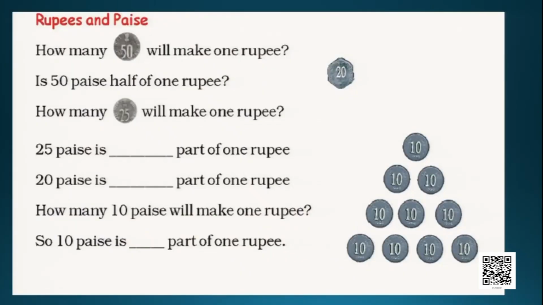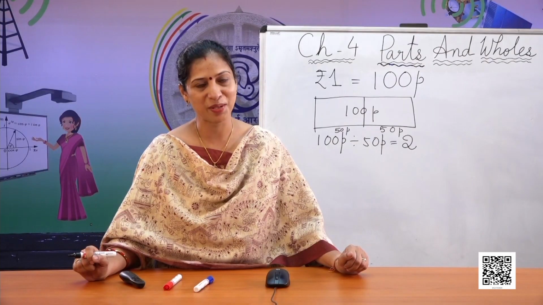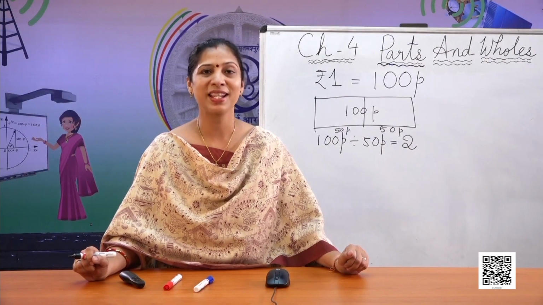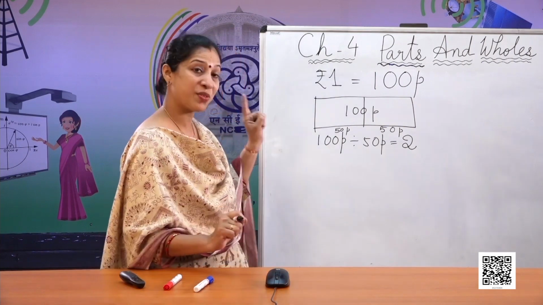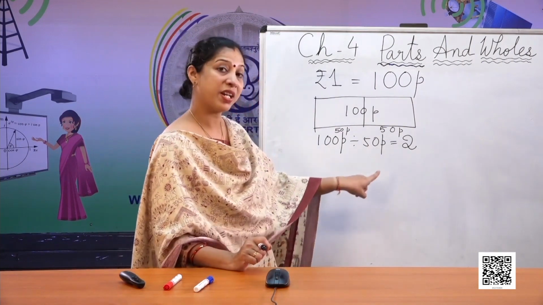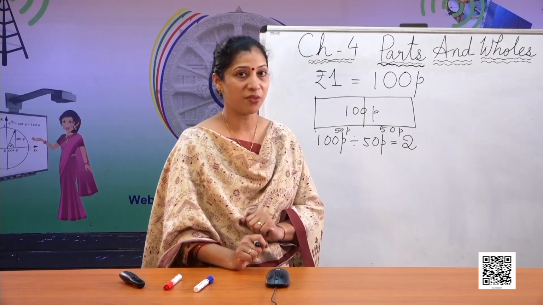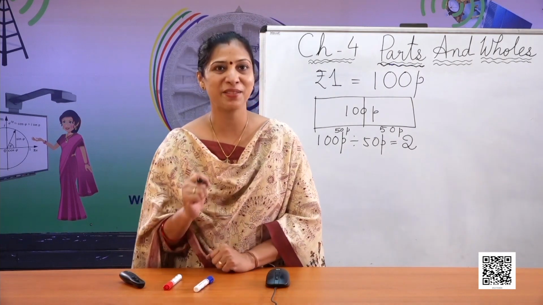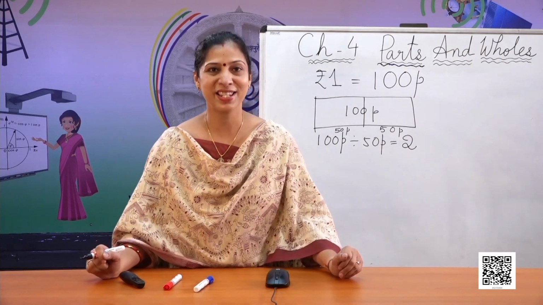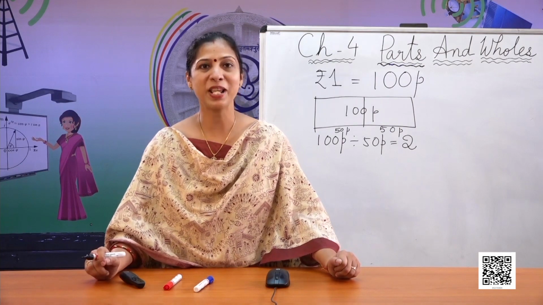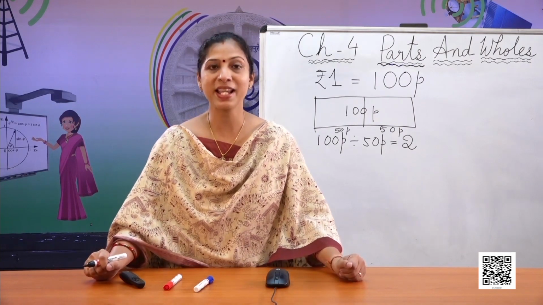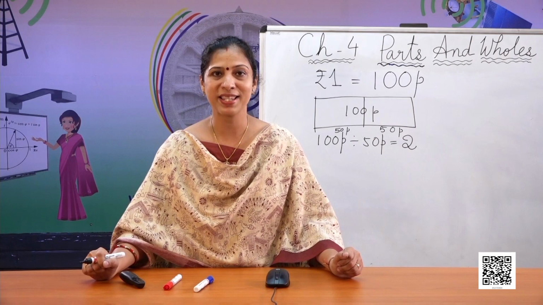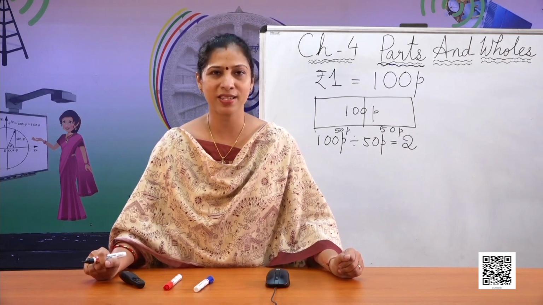Now, we have to find out how many 20 paise are there in 1 rupee. It is very easy. Again, you just divide 100 paise by, first we had found out 50, then we had found out 25. So, now you are going to divide 100 paise by 20 paise. How many coins is that?